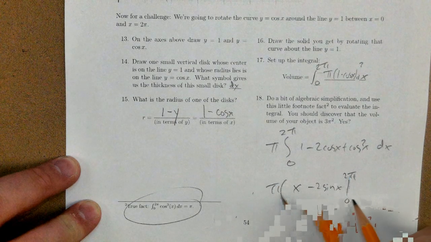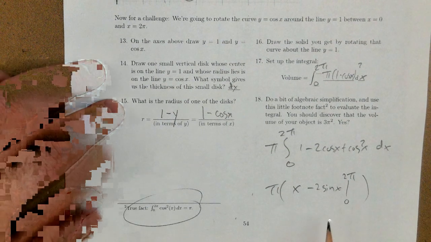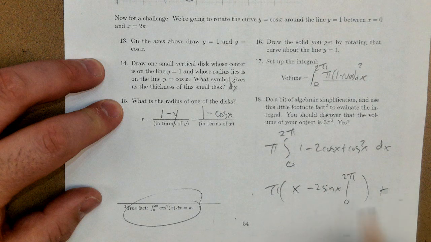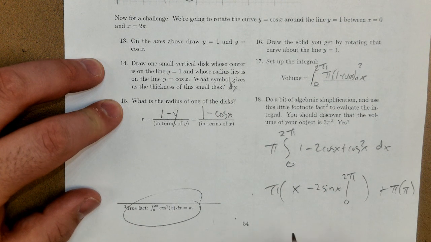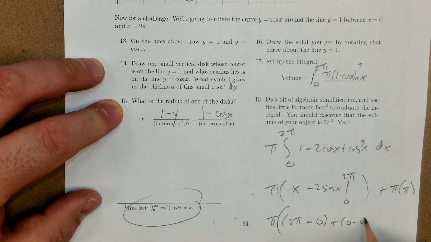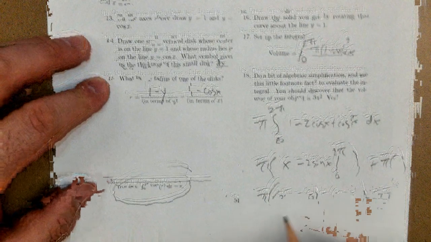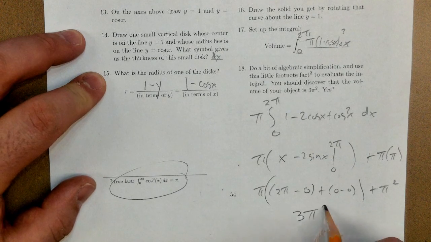Pi times this. And they already told you that the other part is going to be pi out from the outside, and then pi was the answer they told us. So pi times 2 pi minus 0, and then 0 minus 0 here, plus pi squared. So a convoluted way to say 2 pi squared plus pi squared is 3 pi squared, which is what they said the answer was.